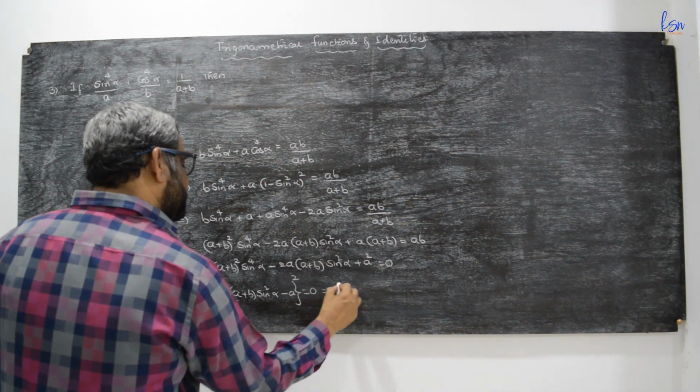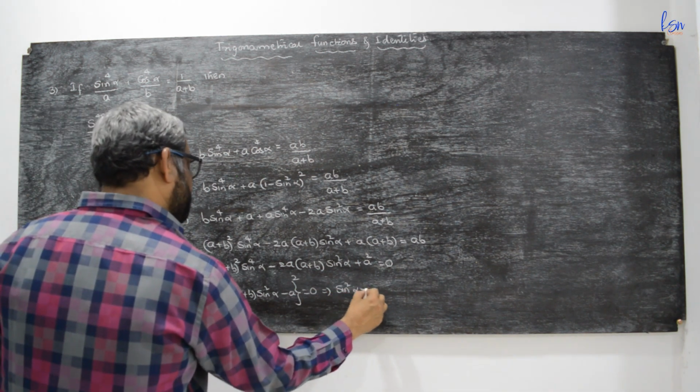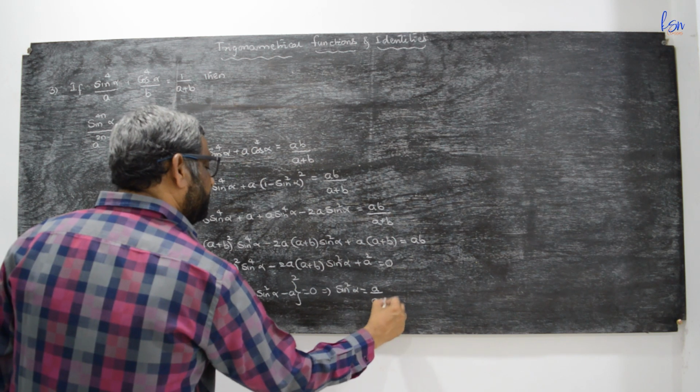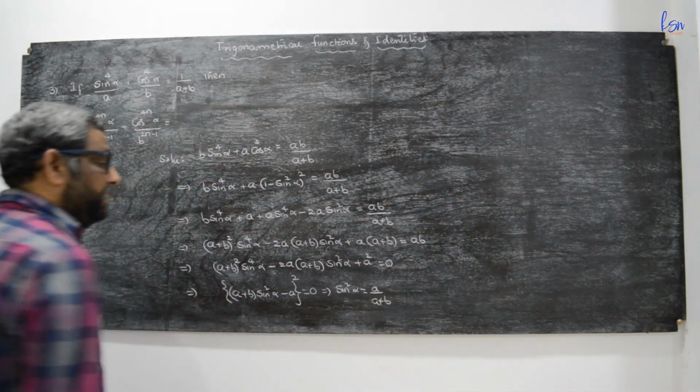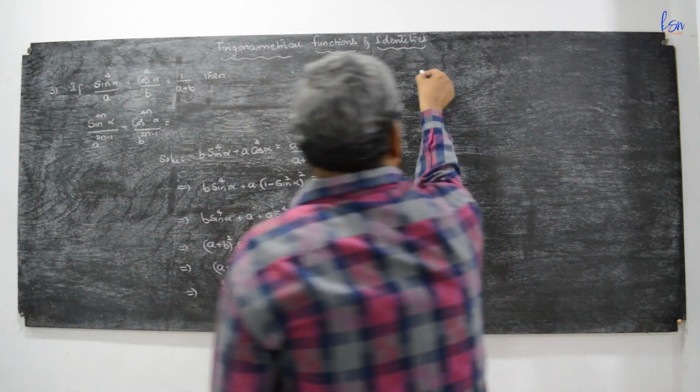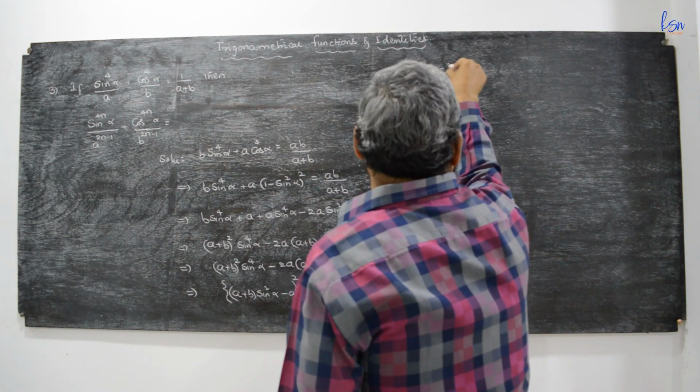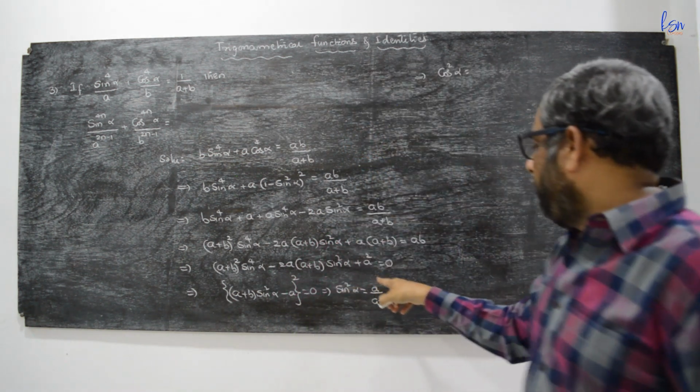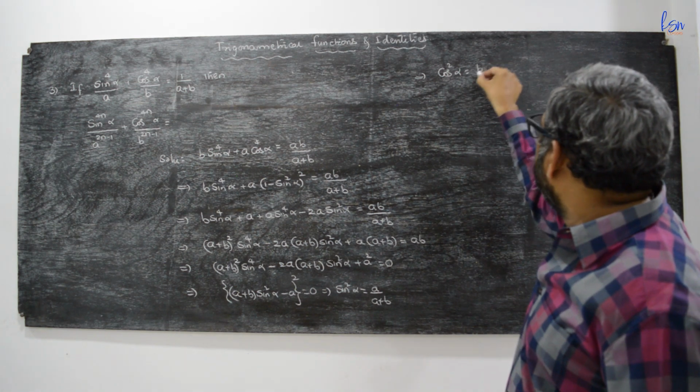This implies sin square alpha is equal to a by a plus b. From this we have cos square alpha is equal to 1 minus sin square alpha, that is b by a plus b.